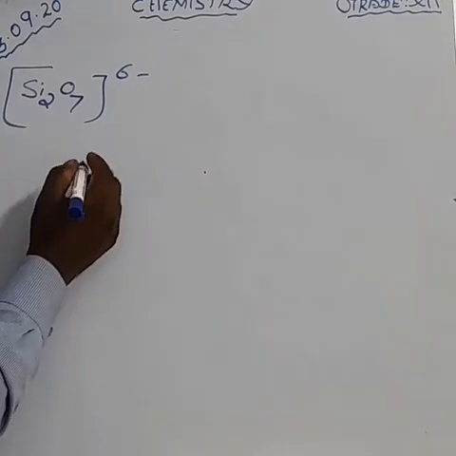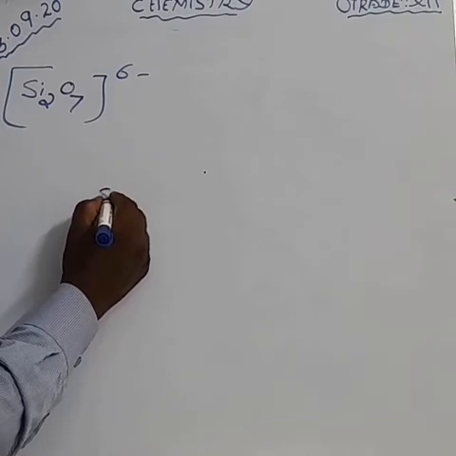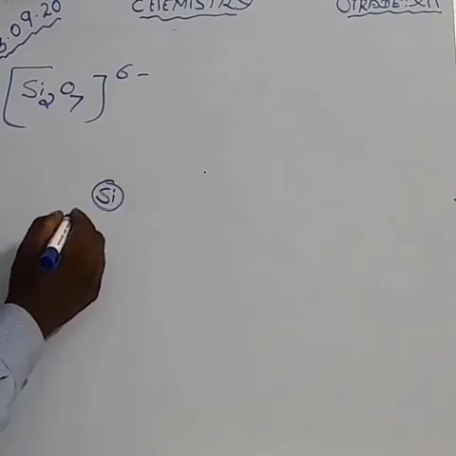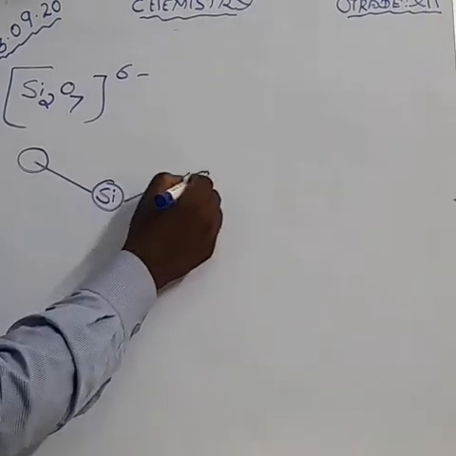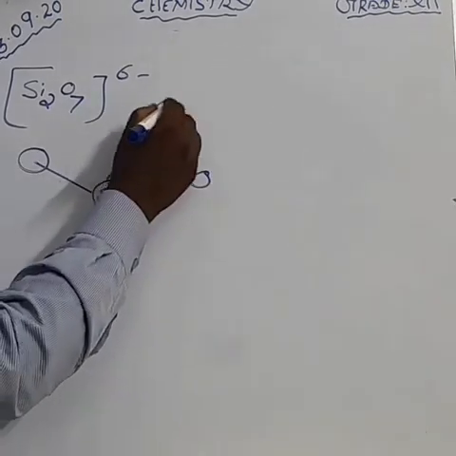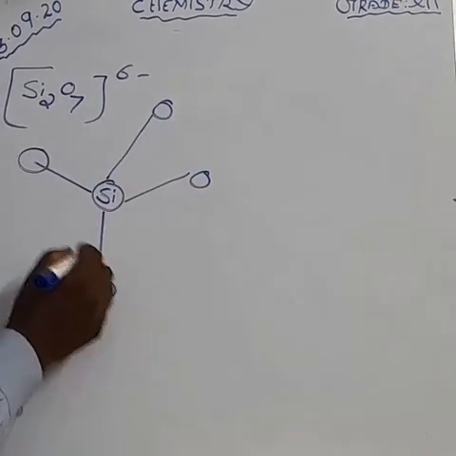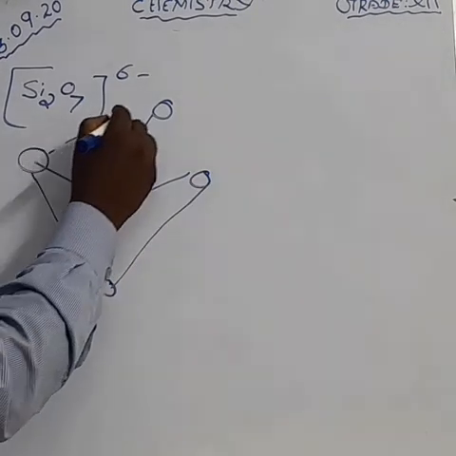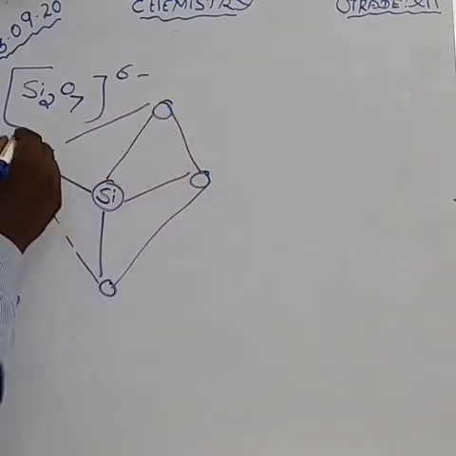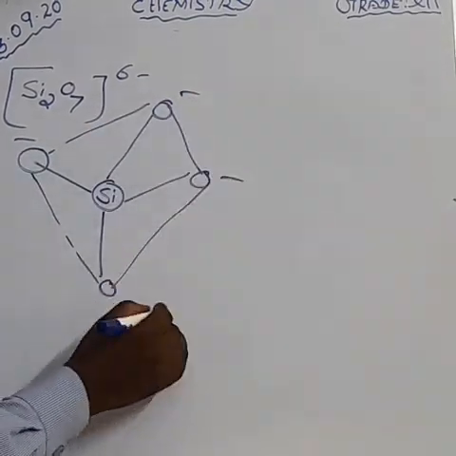For example, this is silicon. Here, oxygen. Each oxygen has a negative charge.